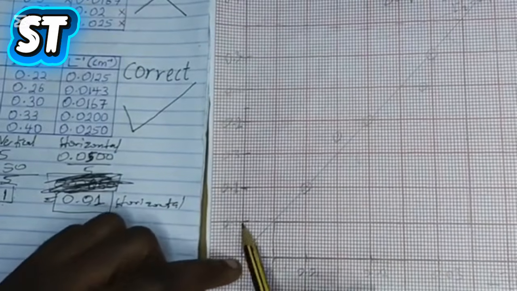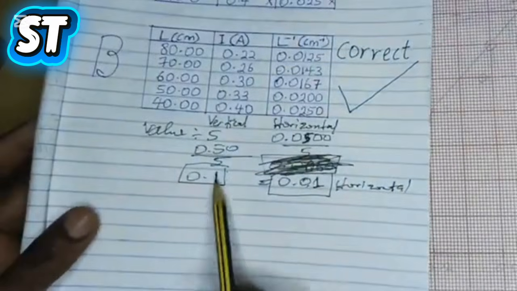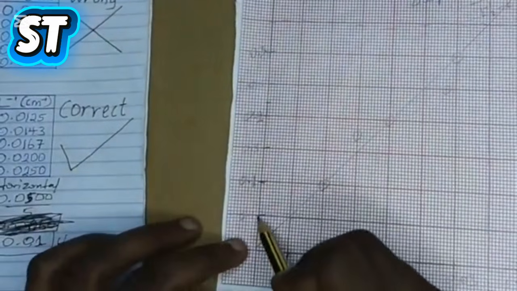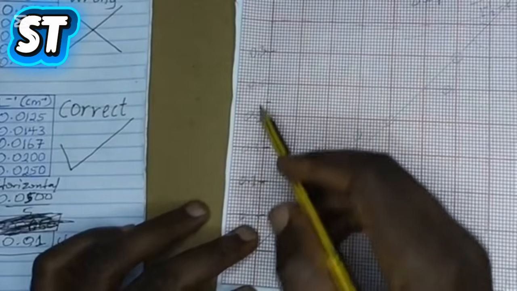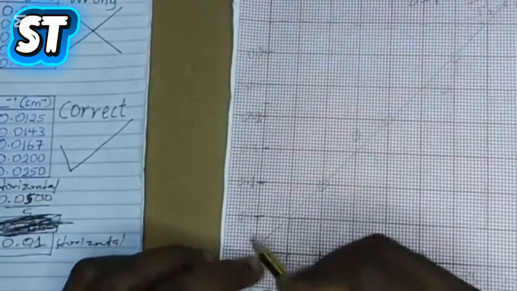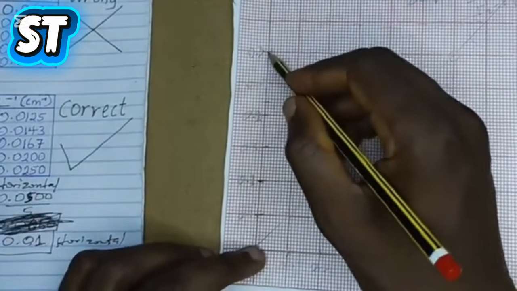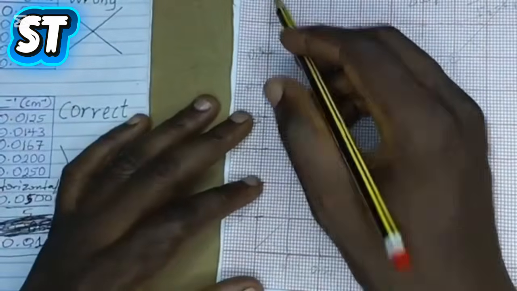If you go here also for the vertical, instead of taking 0.01 for 2 centimeter, because if you take it up to 0.04 it will not take a larger percentage, we now go for 0.01 as 4 centimeter, 0.02, 0.03, 0.04. It has taken a larger percentage of that.